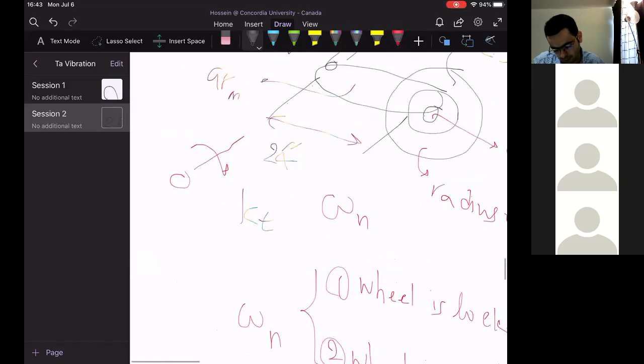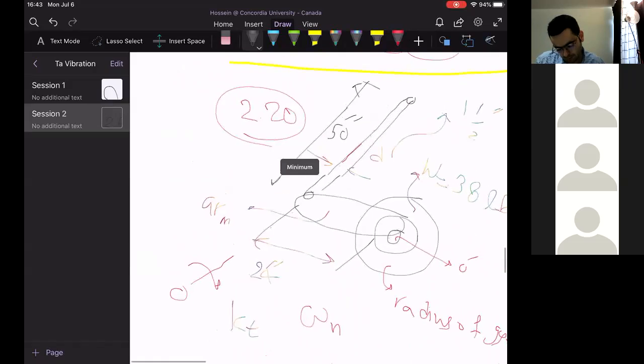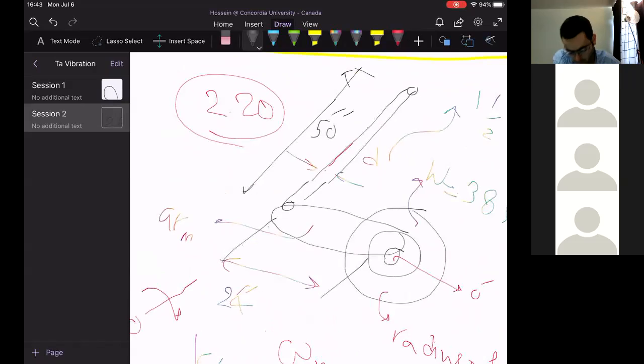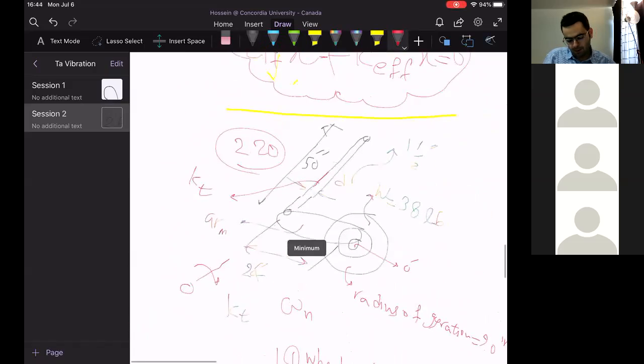Which part is a stiffness? We have a tire and wheel assembly in the right. There's a rigid arm and we have a steel shaft. We could regard this steel shaft as a torsional spring, right? So therefore we have a simple system.